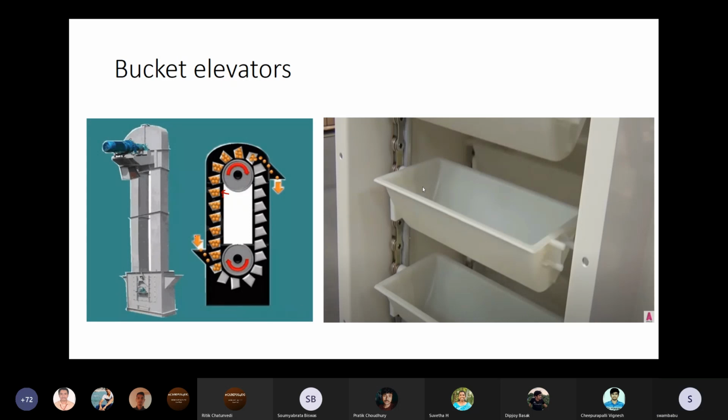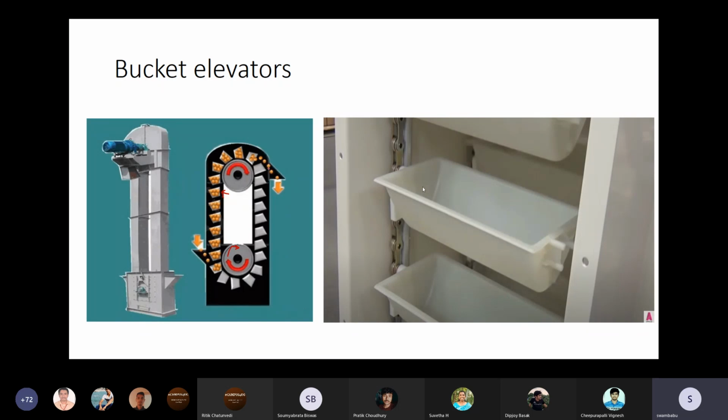So, at the feed point, the buckets are filled, and as the gearbox rotates, the chain rotates, and the belt rotates, and the buckets will move upward.